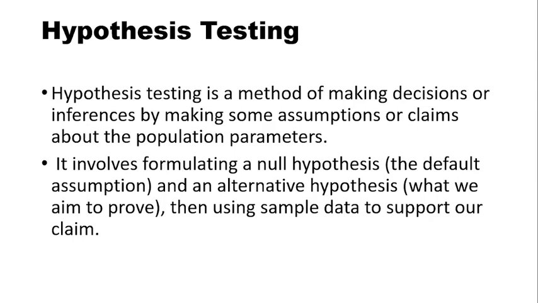You now take sample data. You will not be able to get all the households in Nigeria to find out what they are earning, so for you to do that, you will get sample data.